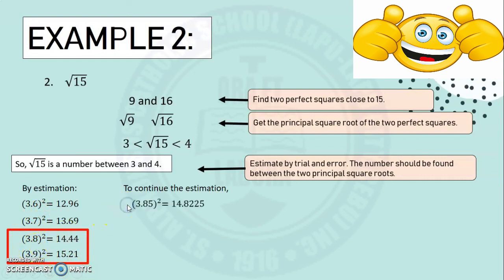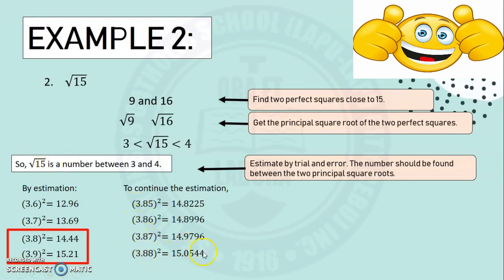Let's say, for example, we have 3.85. 3.85 squared is 14.8225. Okay, 3.86 squared is 14.8996. 3.87 squared is 14.9796, and 3.88 squared is 15.0544. Oh, this is already after 15.